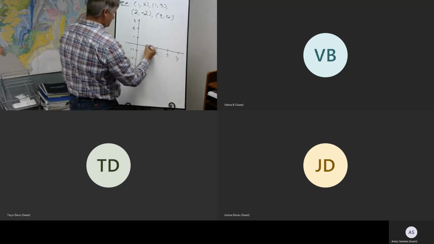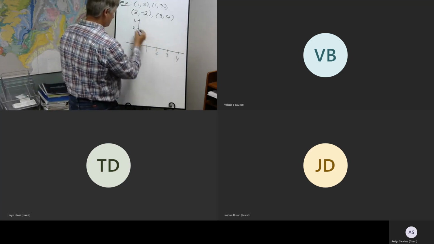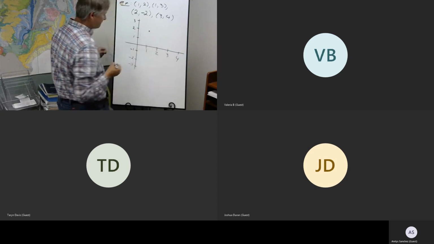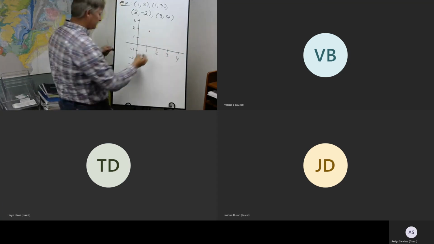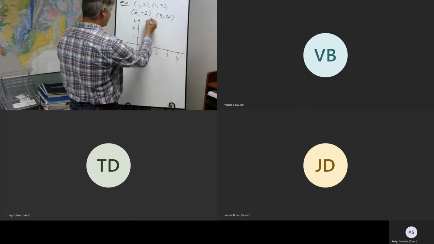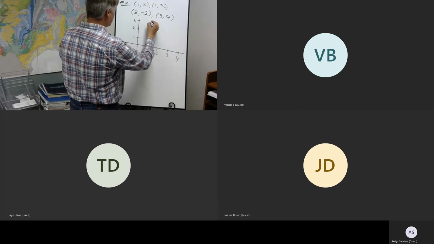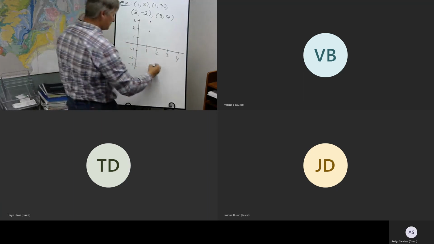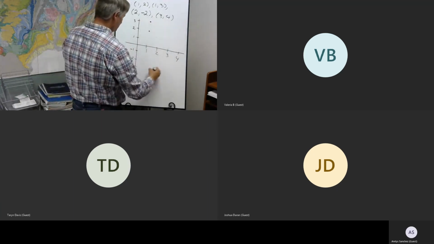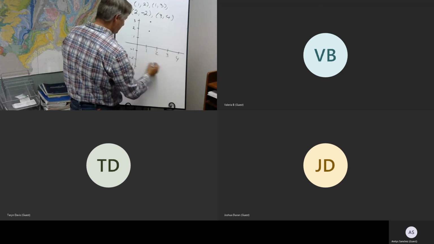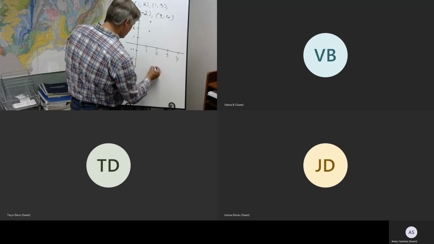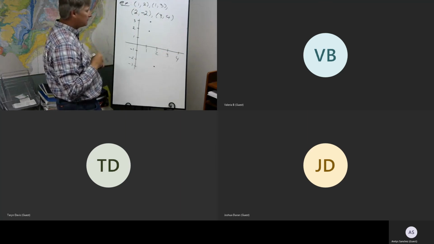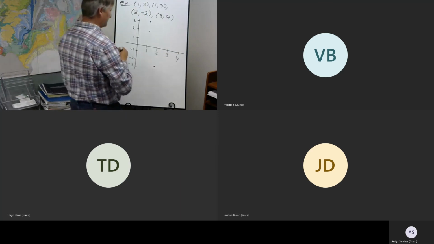So for 1 and 2, vertical line at 1, horizontal line at 2, they'll intersect right there. 1 and 3, vertical line at 1, horizontal line at 3, that would intersect right there. 2 and -2, vertical line at 2, horizontal line, the output -2, input and output intersect right there. 3 and 4, oh, need to go a little higher.